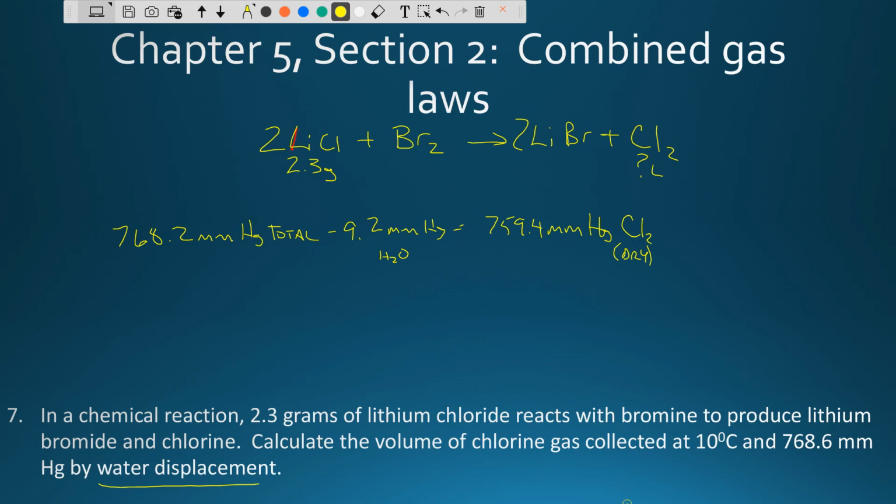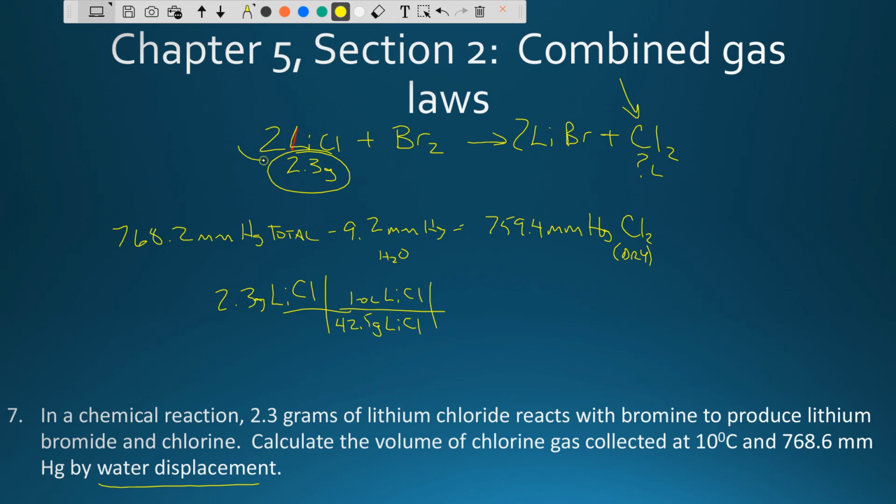I'm going to be using that value in here, but before I can plug values in, I have to convert this over into my chlorine in the first place. So that would be going 2.3 grams of lithium chloride. I'm going to go 42.5 grams of lithium chloride to 1 mole of lithium chloride.